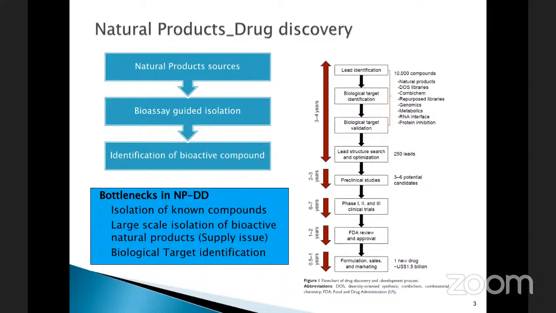We screen this. Now when we observe a good zone of inhibition, we say that okay, this compound has potential. We also do not go directly to the compound level here. In natural product drug discovery, we first check the extract level, some plant extract or some marine invertebrate extract, or if it is from microbes, some microbial fermentation product extract, let's say.